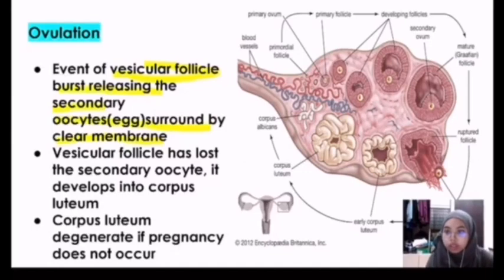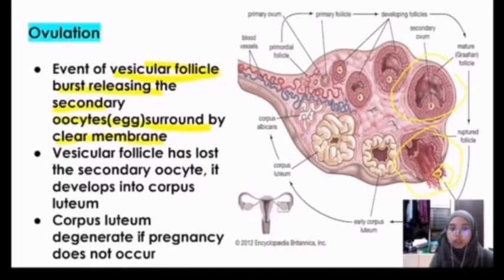So as you can see, the graafian follicle is also the vesicular follicle. So this vesicular follicle is how the ovulation happens. It bursts, releasing the secondary oocyte surrounded by a clear membrane.